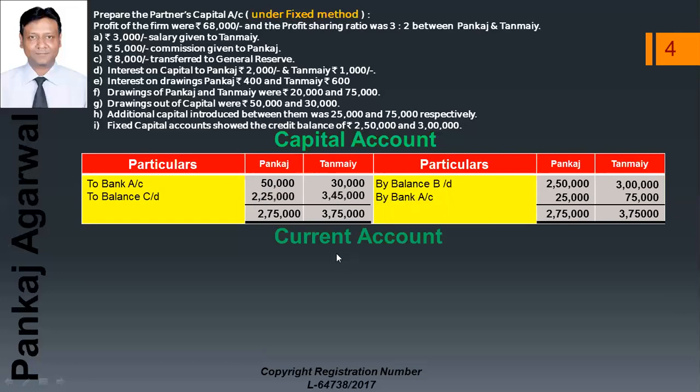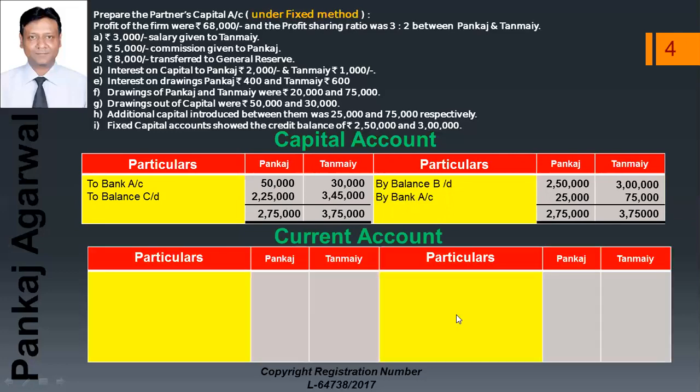Now we will prepare the current account, but the opening balances of the current account are not given in the question. So we will write first interest on capital, which was to be allowed to the partners, that is 2,000 and 1,000. Now we will write the salary of Tanmay on Tanmay's side. Now commission to Pankaj will come on the credit side.